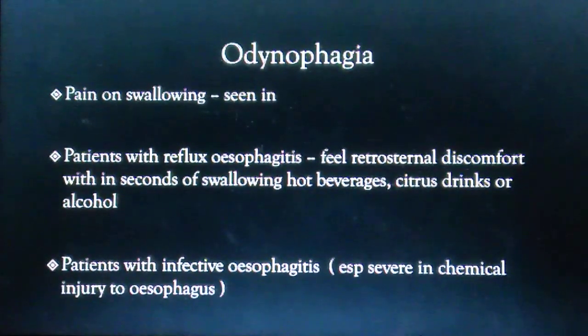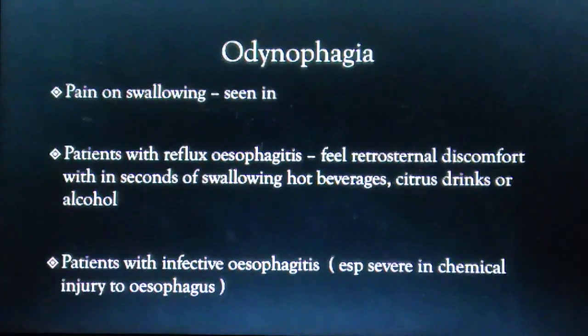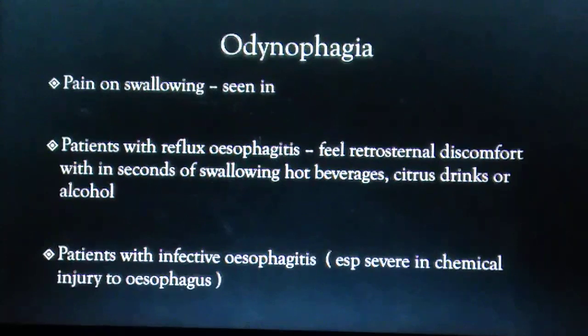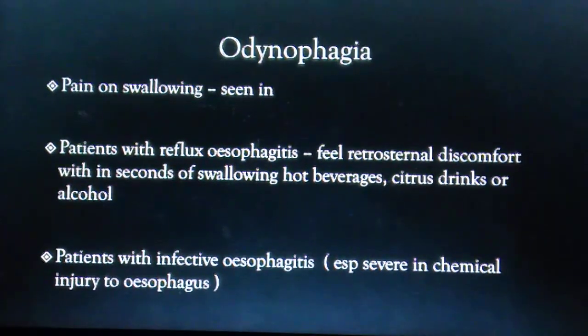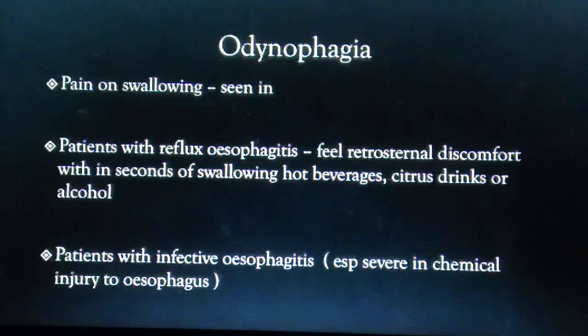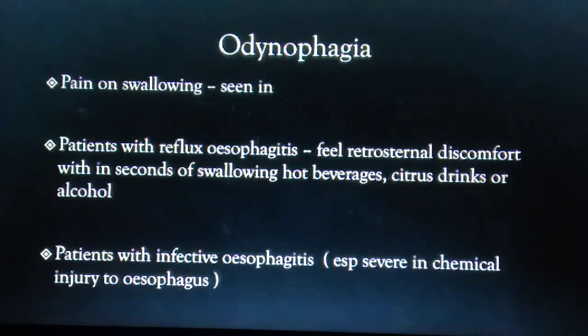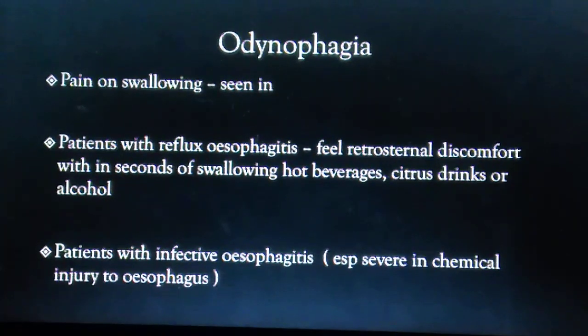The patients with reflux esophagitis complain of odynophagia as they feel retrosternal discomfort within seconds of swallowing hot beverages, citrus drinks, or alcohol. Whereas the patients with infective esophagitis have a history suggestive of some chemical injury to the esophagus. In these two cases, odynophagia is usually present.